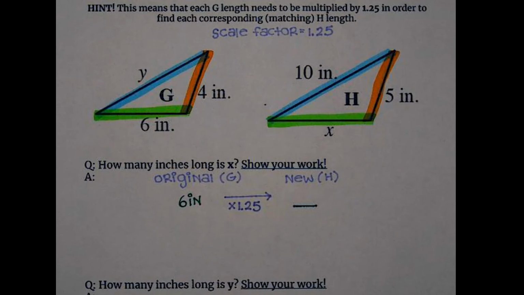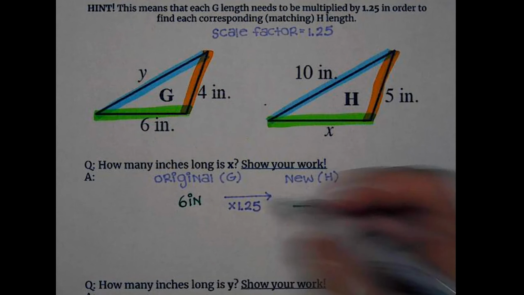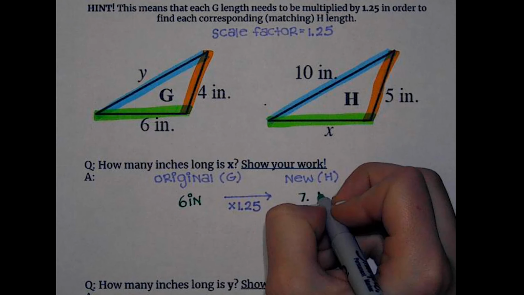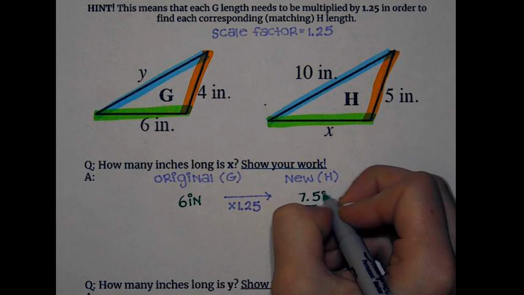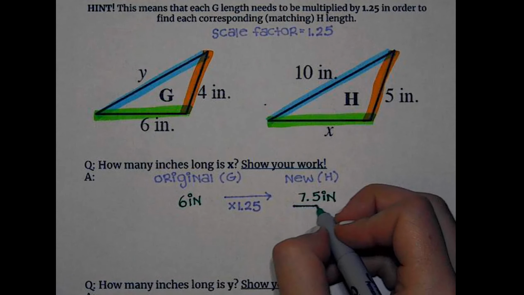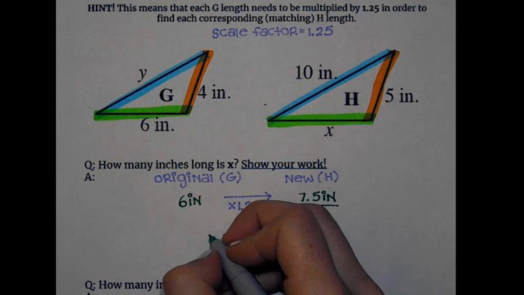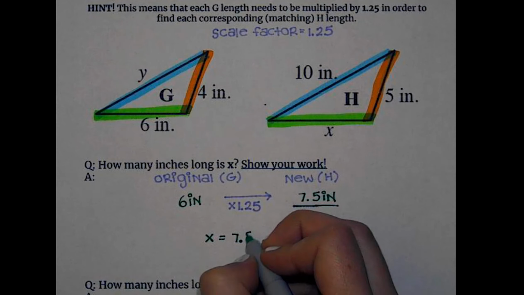And then you very easily can find your answer. 6 times 1.25 equals 7.5 inches, which means that X equals 7.5 inches.